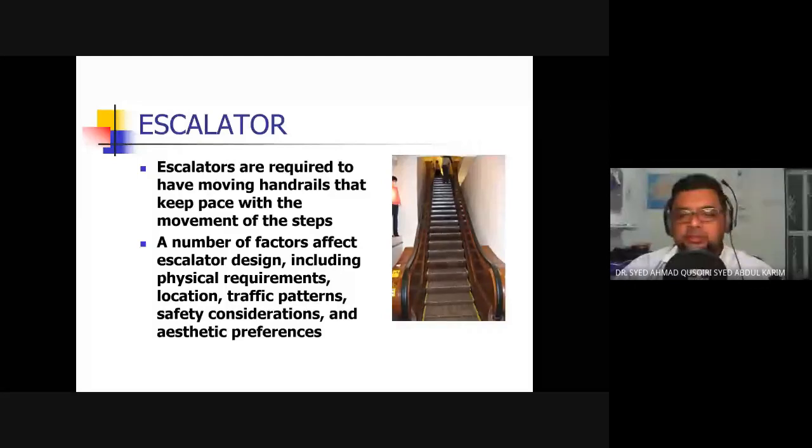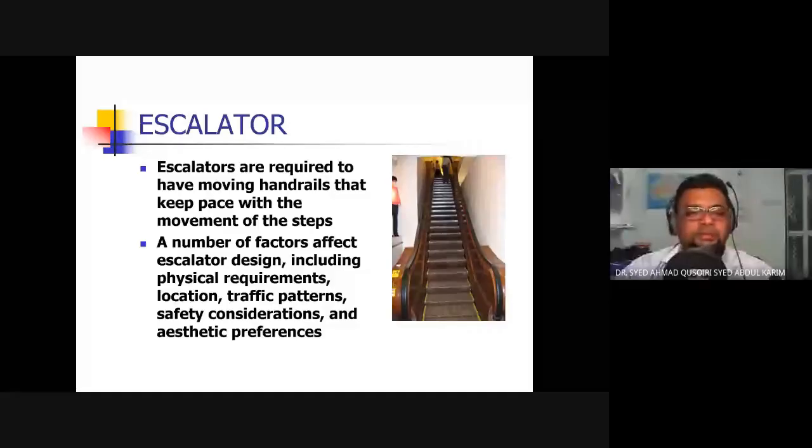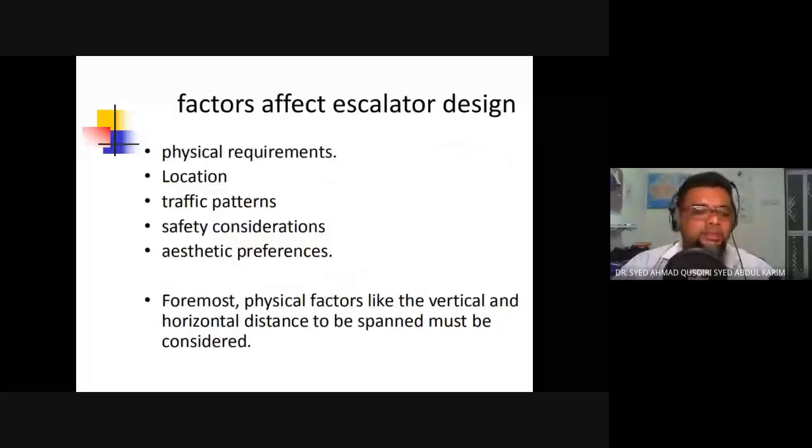Safety considerations, safety features, and also aesthetic preferences. So these are some of the other considerations: location, traffic pattern, safety, and aesthetic.